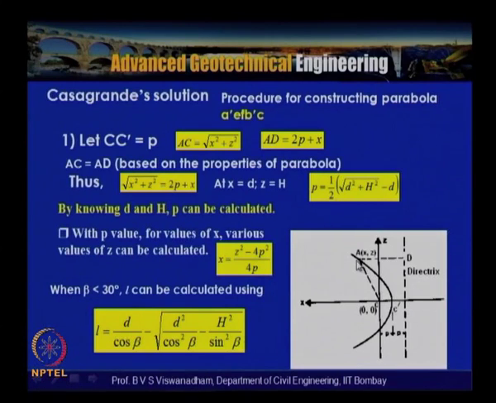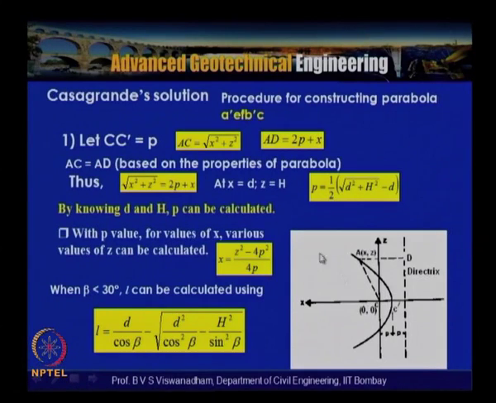AC is nothing but root over x square plus z square, where A is a point with coordinates x and z. AD is nothing but 2p plus x, the horizontal distance from the directrix. So AC is equal to AD based on the properties of the parabola.